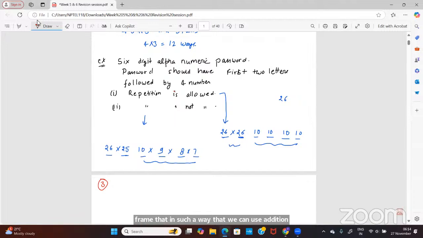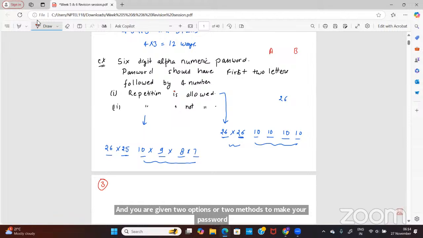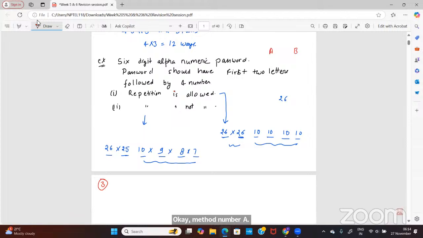Suppose you have to make a password, and you are given two methods to make it, method A and method B. Some conditions will be given to you.